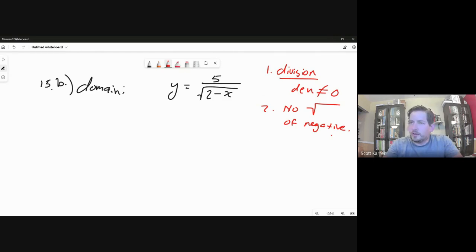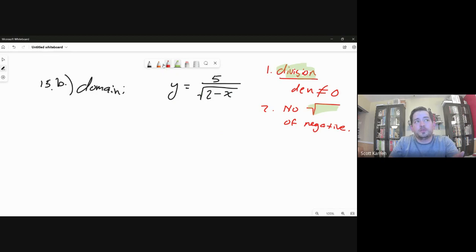Later on, we also had logarithms pop up, and we had domain issues there where you could only take the log of a positive number. But for this one, all I'm really worried about are these two things, because I have both of these issues. There's division, where there's an x in the denominator, and there is a square root.